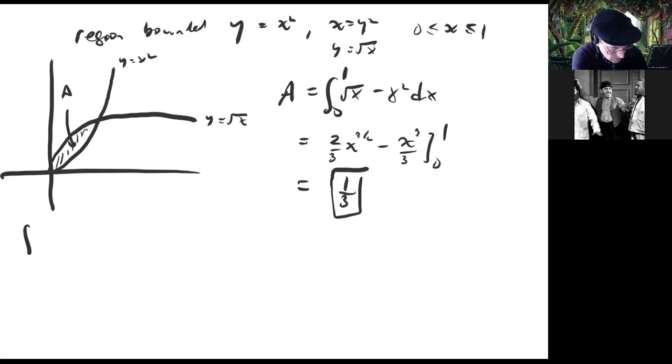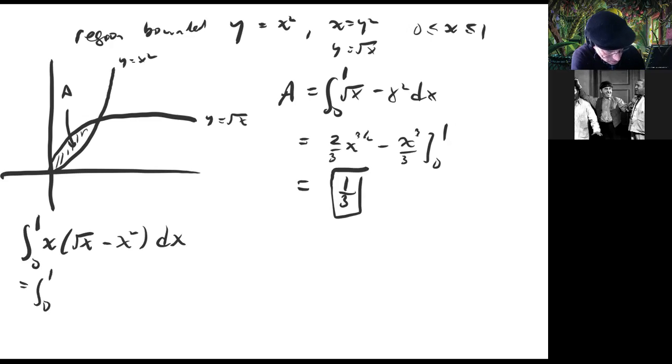So now I want to compute the numerator of x bar. So I have to compute the integral from 0 to 1 of x times the square root of x minus x squared dx. So it's x times f of x minus g of x. That's the numerator of x bar. Okay, so what is that? That's going to be the integral from 0 to 1 of x to the 3 halves minus x cubed dx.